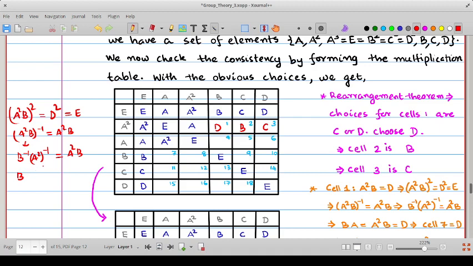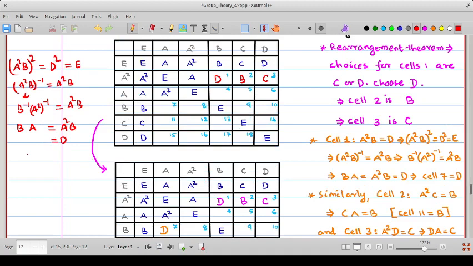A square inverse is A, because A cube is equal to E. So the left hand side is BA and the right hand side is A square B. But A square B is simply equal to D, as we have chosen here. So that means BA is equal to D.